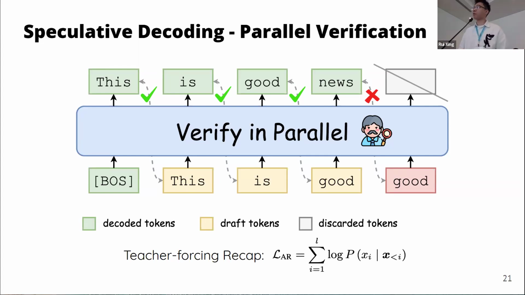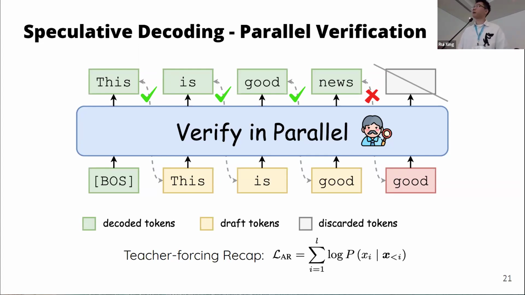And in this example, we have 4 draft tokens, right? And we got 3 draft tokens that pass the verification. And given the prefix BOS token and this is good, the target large language model will generate its original token, the fourth token news. And news can be seen as a correction of the first draft token, the bifurcation position, right?